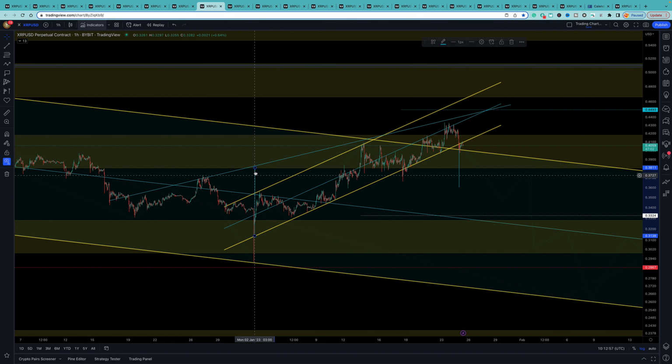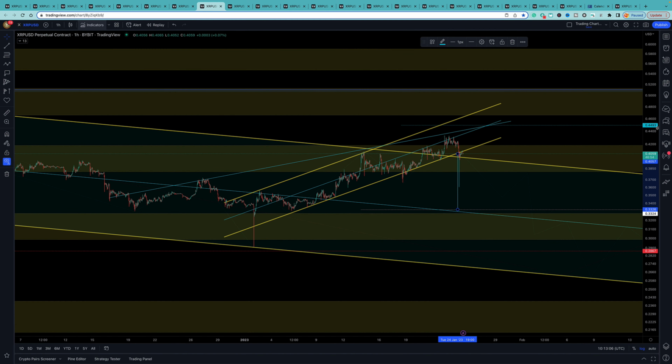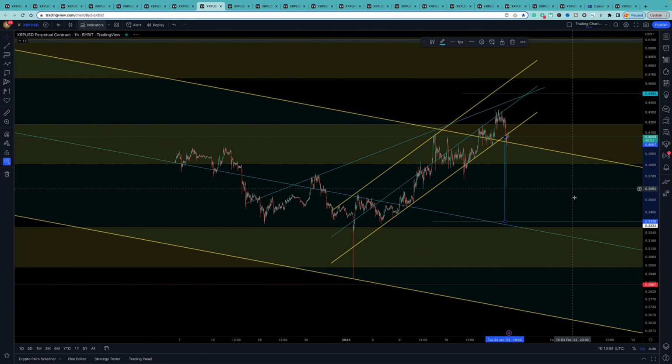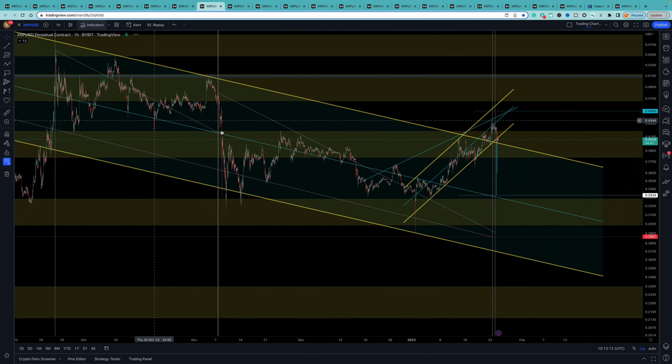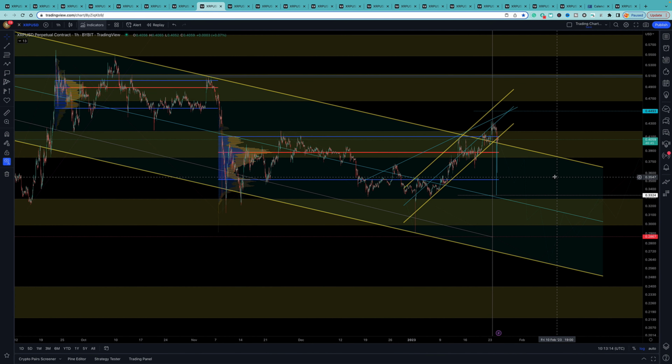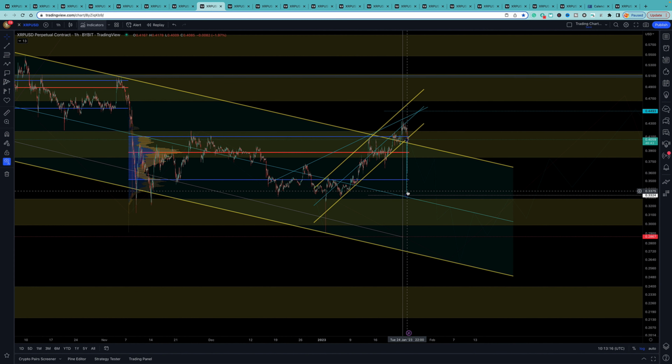I'll actually do it from where it is. Potential bigger target here, coming down to 33.20. That would also take price action back down to the center line of this descending channel. So I'm watching for that as well.